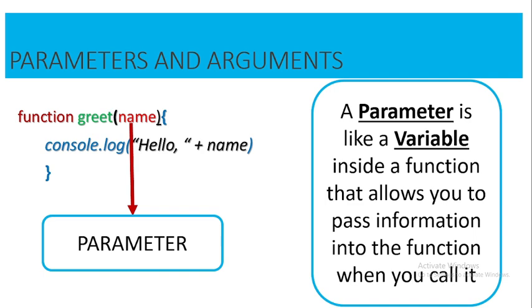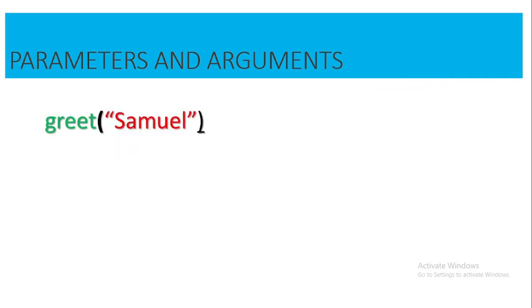The parameter is like a variable inside the function that allows you to pass information into the function when you call the function. The output may differ depending on the information that the person passes to the set of instructions in the function. After this we look at the argument.